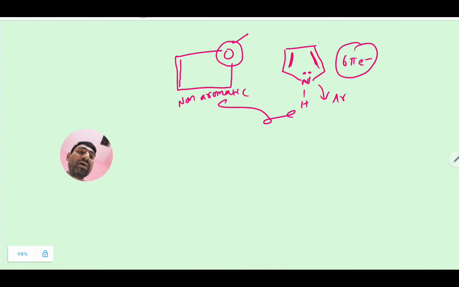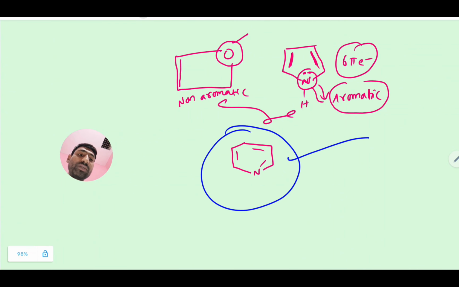So it is an aromatic compound. In that category, nitrogen is there, so it is a heterocyclic aromatic compound, guys. This one is also a heterocyclic compound. It obeys the 6 pi electrons or Huckel's rule, so it is called an aromatic heterocyclic compound, guys. I hope you understand how to classify organic compounds.